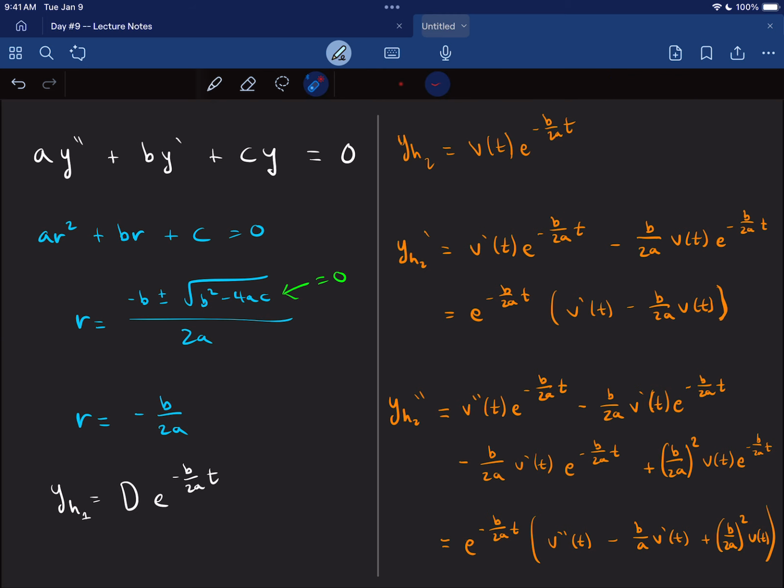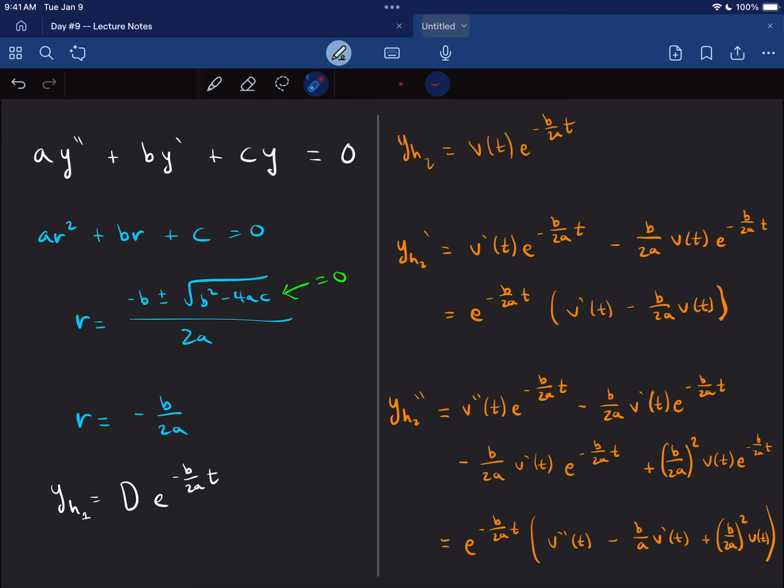And so that whole square root part goes away, and all I'm left with is just negative b over 2a. So I have my single value of r right here, negative b over 2a, which then tells me that my first solution, I wrote y h1 for homogeneous because it's a homogeneous differential equation. You don't really have to do that. Doesn't really matter. But I have d e to the negative b over 2a t. I just chose to use the letter d for my constant just because.